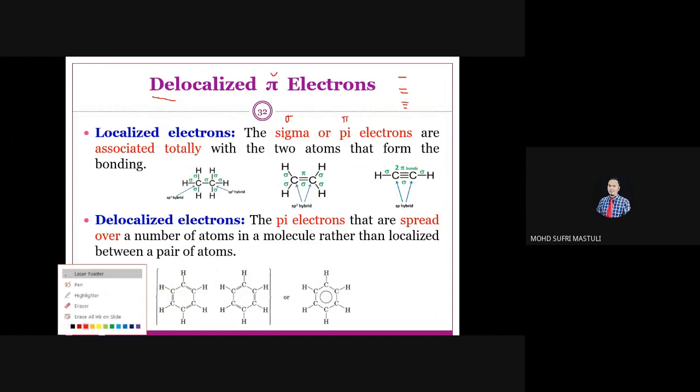So during your study in SPM, diploma or foundation, for the benzene structure you normally draw like this: benzene, and then you put a circle in the middle. The circle represents the pi. Because the pi can move from one atom to another, this is why we draw it in a circle form.